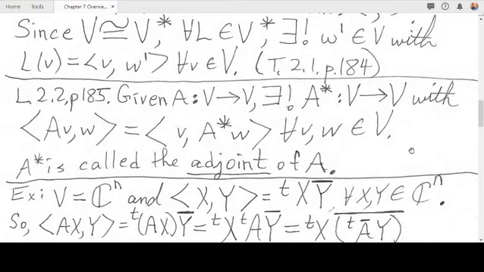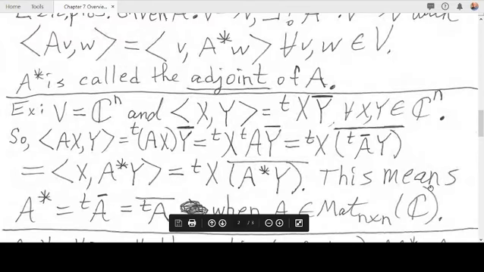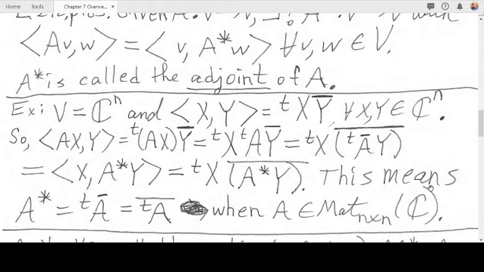The adjoint of A. Again, our classic example is when our vector space is Cn, the vector space of all ordered n tuples with complex coordinates, and the usual dot product on Cn, x dot y, is where you take the row vector x times the conjugate of y.